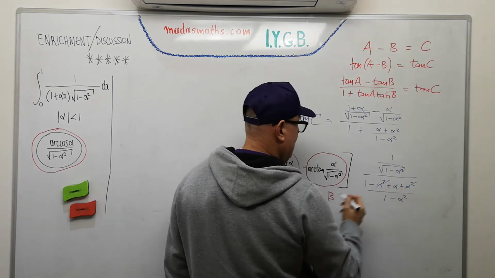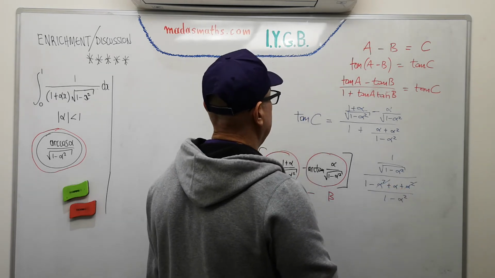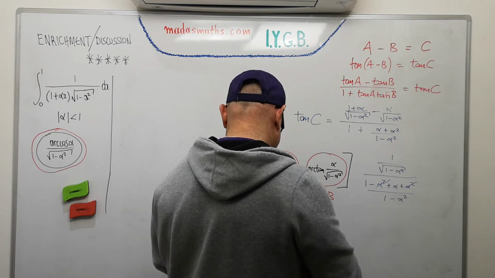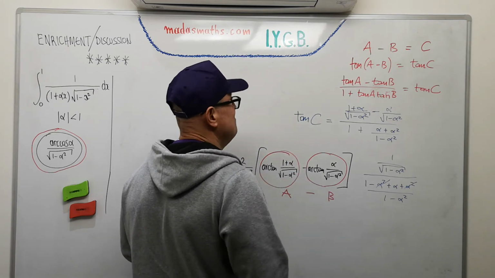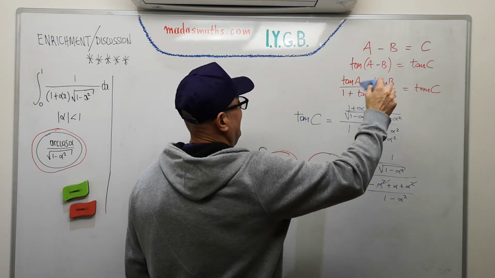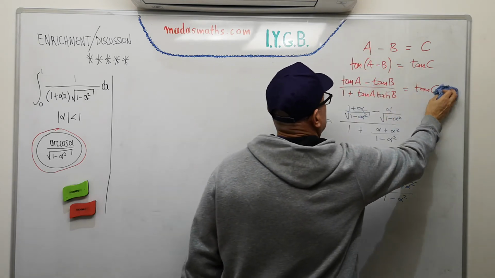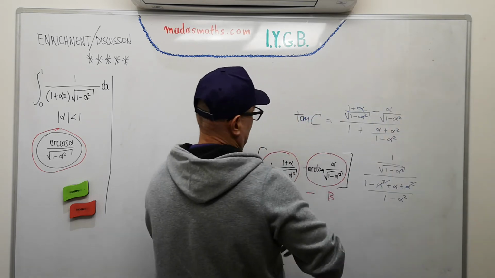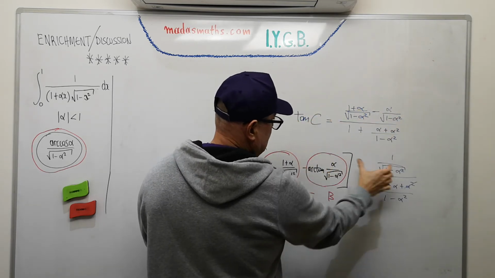Something distant cancels, yep. So we got that. And I'm running out of board space, so let's make some room. I'm going to go to the very top. And what I've got there so far, that's the tan of C.